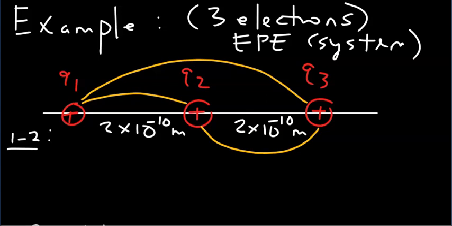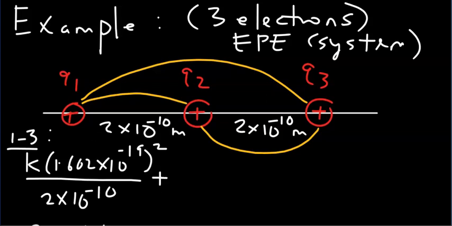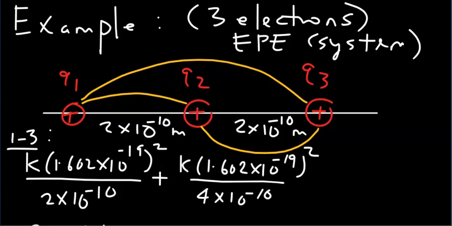We're computing the potential energy, so it's K, the product of the two charges is 1.602, they are electrons. So the charge of an electron is that, do not forget to square, divide by the distance, which in this case is 2 times 10 to the power minus 10 meter. Now let's do 1 and 3, so you have to add the 1 and 3 combination to the 1 and 2 combination. So that is the expression for 1 and 3 potential energy.